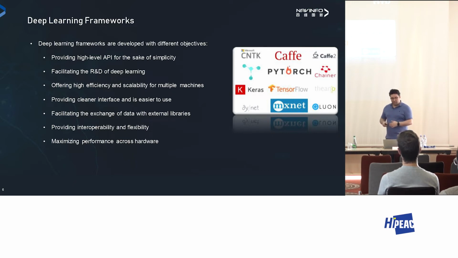We will also discuss this kind of optimization later in the presentation. Also, they are providing a cleaner interface and an easy environment to use for researchers and engineers. They try to facilitate the exchange of data with external libraries and provide interoperability and flexibility.